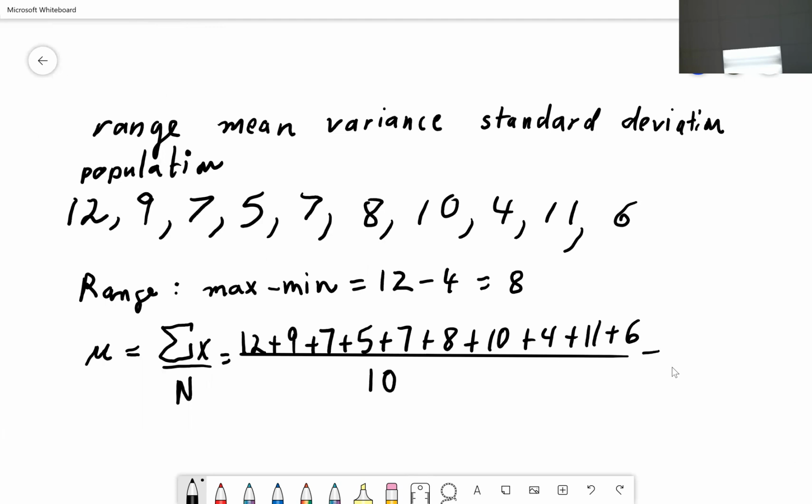And then the rest is just, you compute your numerator. Let me count the numbers, make sure I didn't miss one. That's 79. So 7.9. So we found our mean.